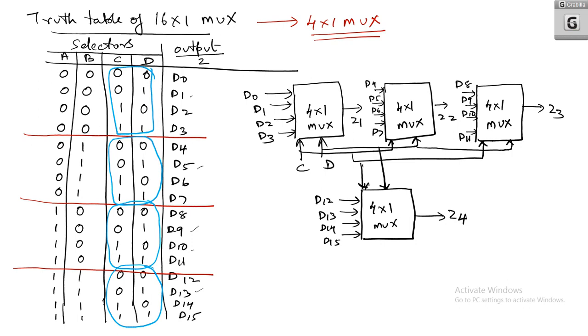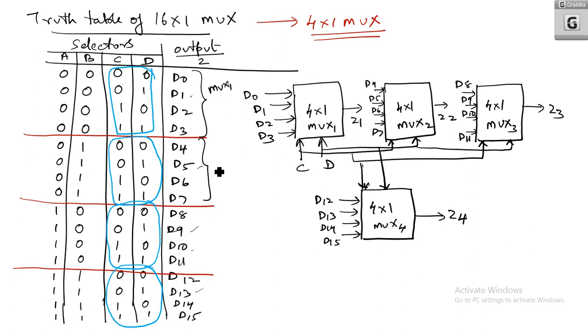Now, you need one more 4 by 1 mux, because you need to select from which mux the output comes. So this is mux 1, mux 2, mux 3, mux 4.